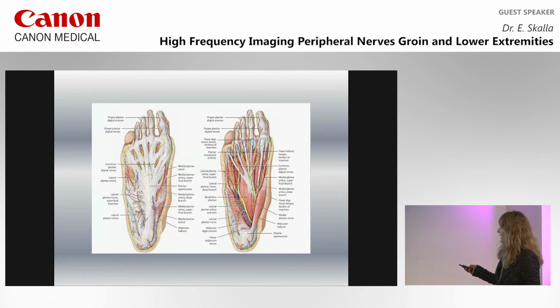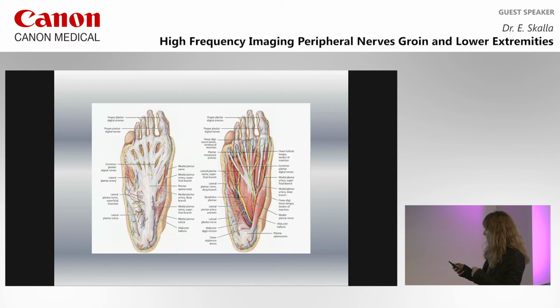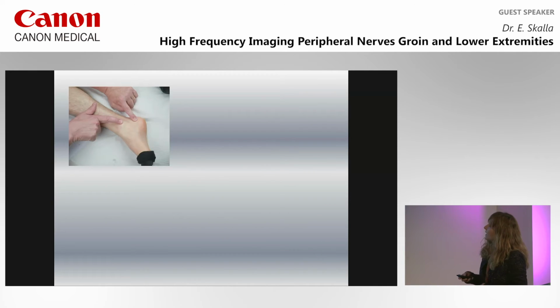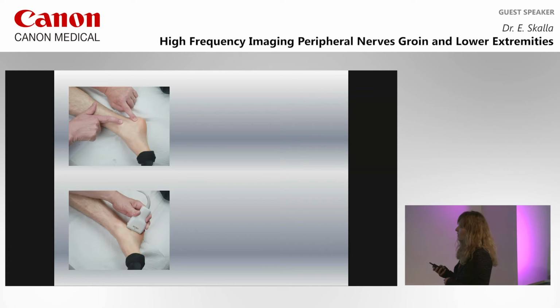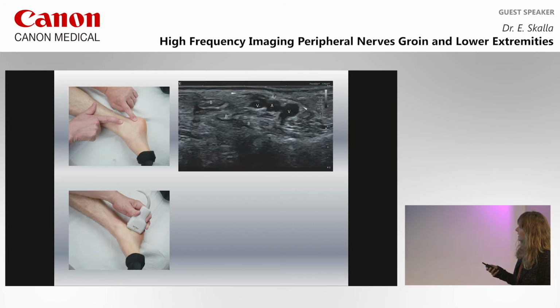So I will show you just the pictures proximally. External landmarks, once again, the medial ankle and the tuber calcanei. And we have this line between those external landmarks. We put the probe here, use a gel pad or the small probe, and then we get this picture.